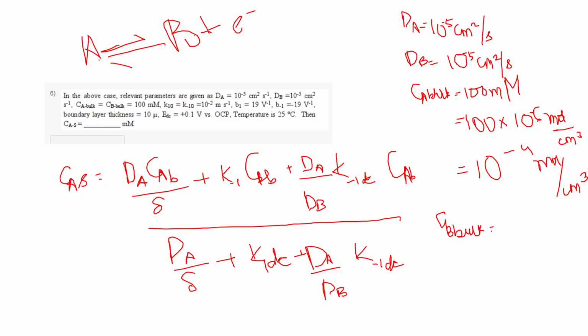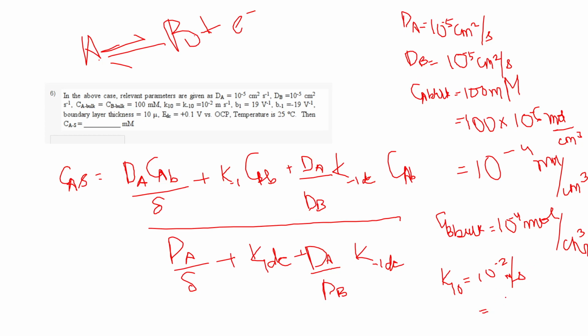Cb bulk. Then K10 and K minus 10: 10 to the power minus 2 meter per second.